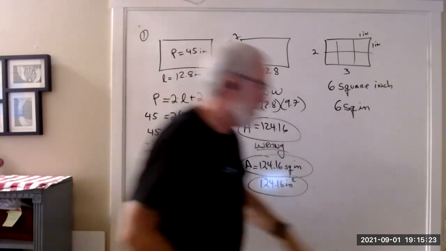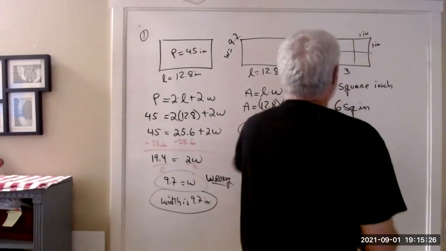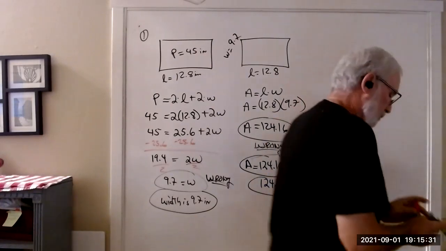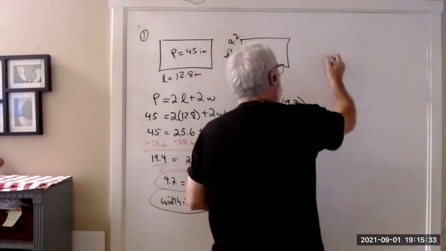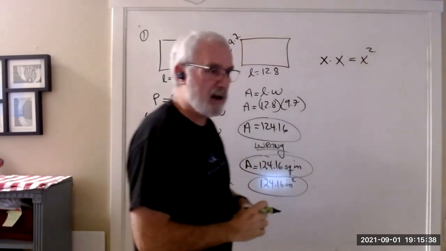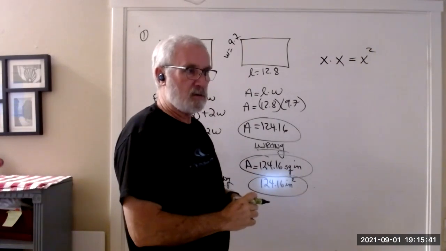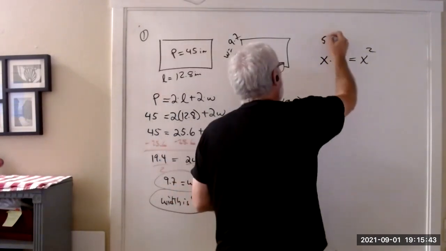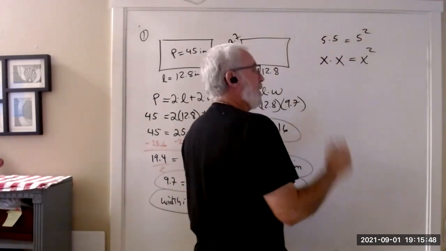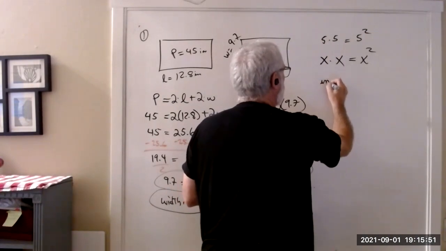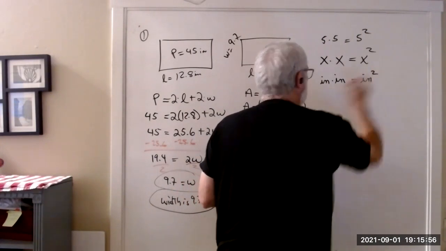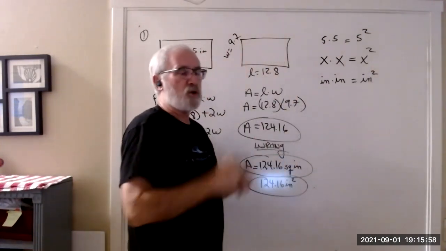Now there's another, more mathematical way of showing that. First off, does everybody know that x times x is x to the second power? Just like 5 times 5 is 5 to the second power. Well, it turns out that inch times inch is also inch to the second power. Units can multiply.